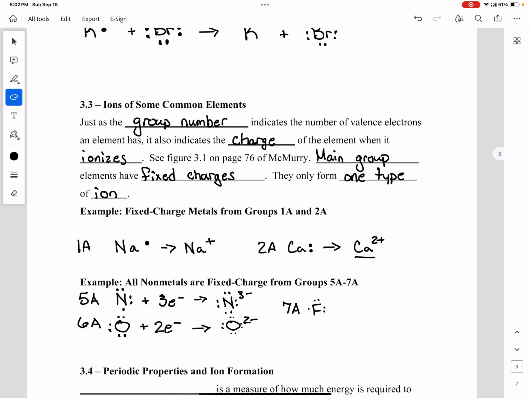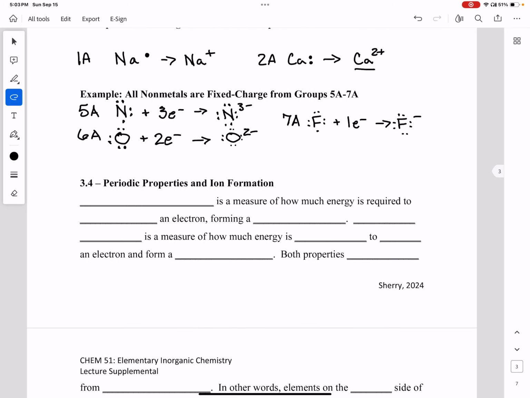Fluorine, with its 7 valence electrons, gains 1 electron to form F- with its full octet. Okay, so there are some patterns on ion formation on the periodic table.